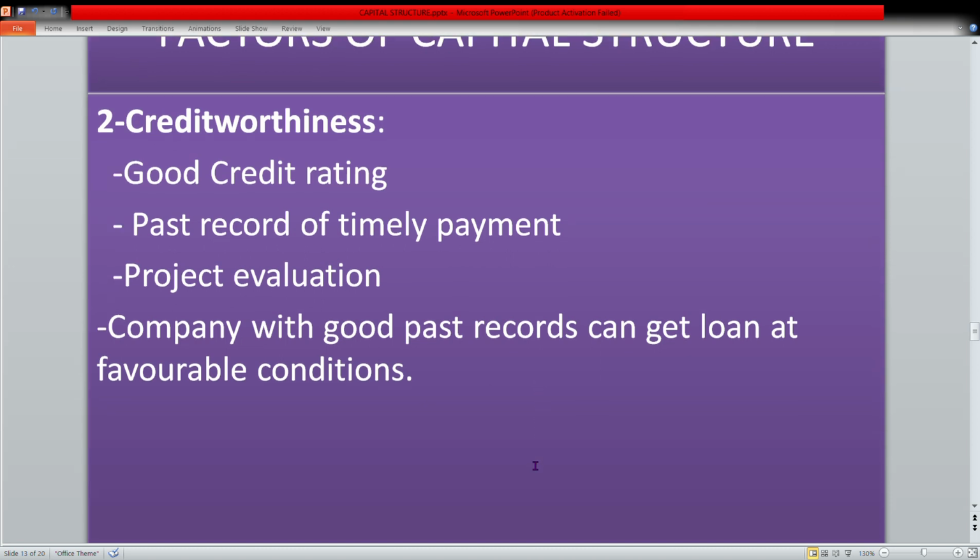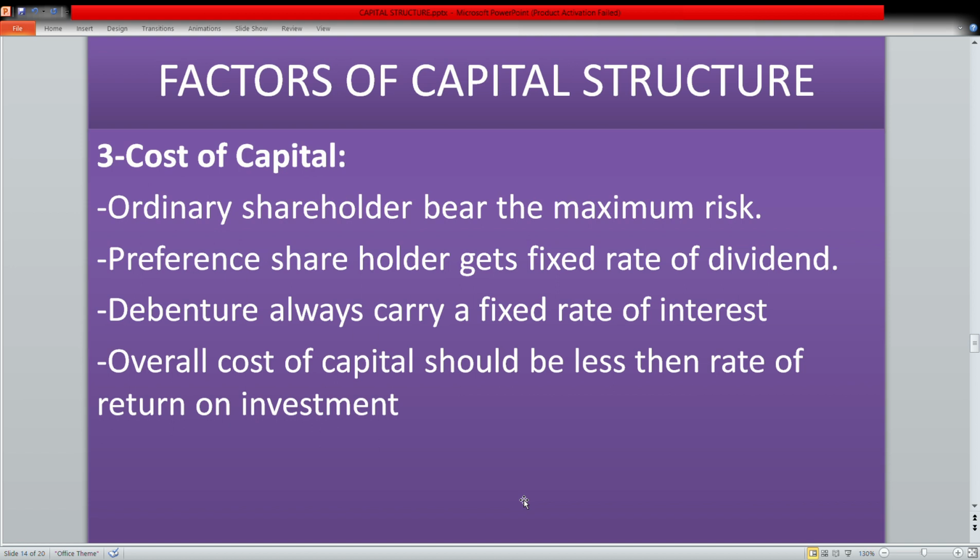Then let us come to the third point. The third point is your cost of capital. As you know, the capital structure means it is owned capital and borrowed capital mixed together. A part of the capital is equity, retained earnings, a part of the capital is preference, debenture, term loan, etc. The company will have to calculate the overall cost of capital.